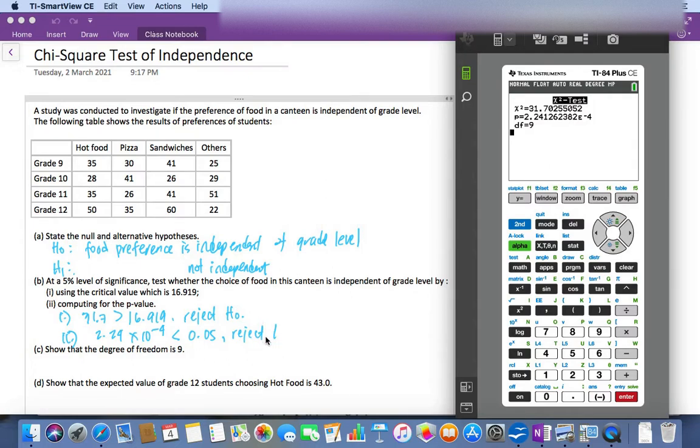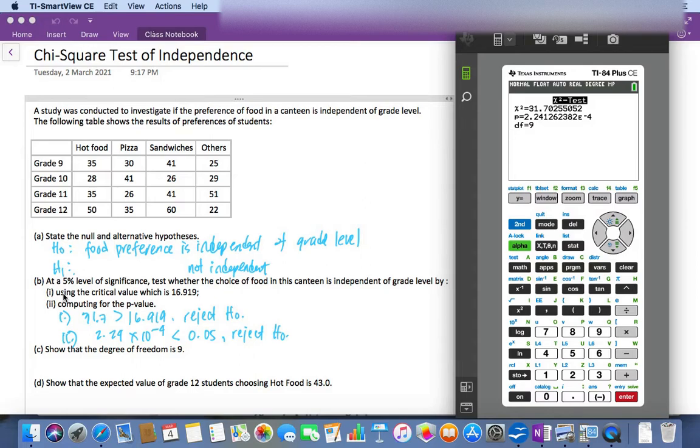In exams, you will just be tested on one or the other. So if the critical value is given, perhaps it is expected that you are to compare the chi-square calculated value with that. But if it is not given, that should be okay. You can still compare the computed p-value with the level of significance, which will always be given in your question.